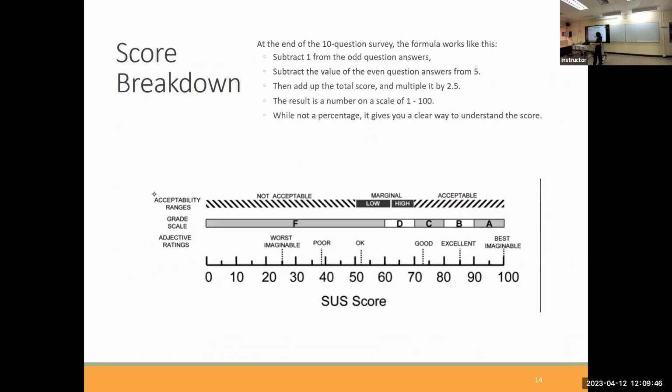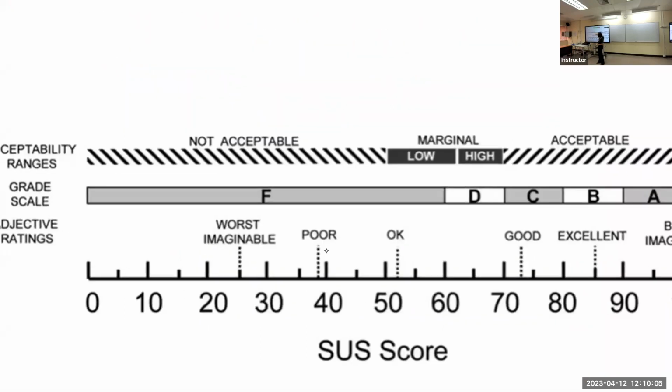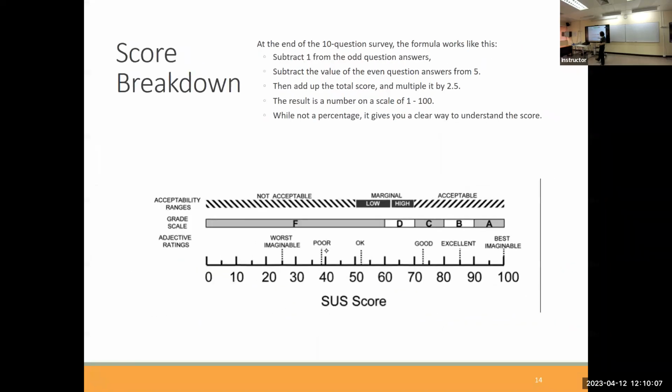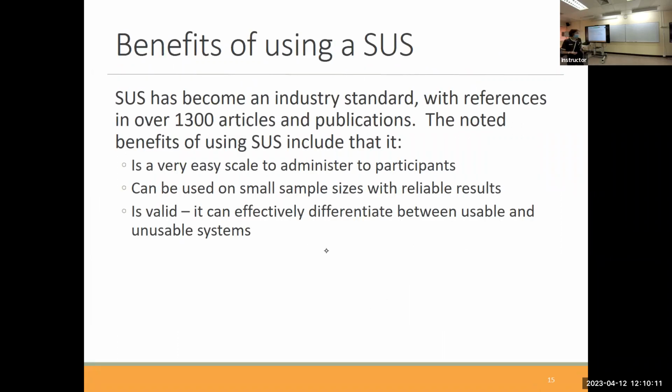For example, if we talk about SUS, they also have a standard range of scores. If the score is below 40, it's poor. It means the system is very poor. If the score is from 40 to 50, it's kind of okay, and so on. You need to have a way to interpret the result.